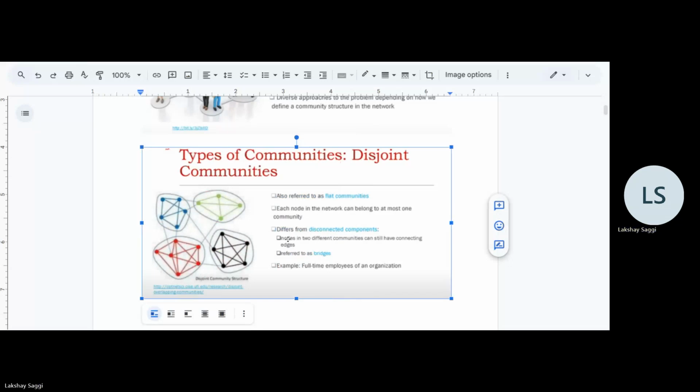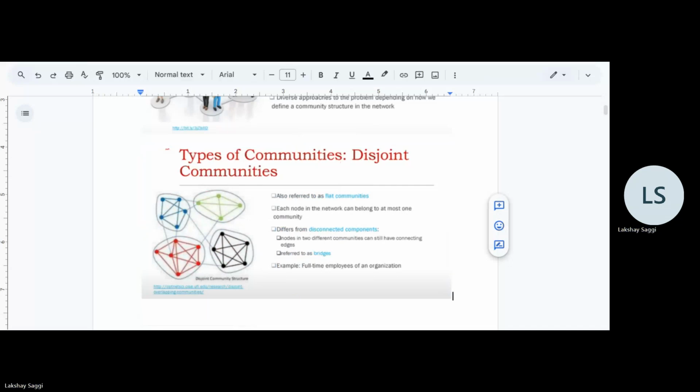And these inter-community edges are also called bridges in this scenario. Although we have discussed the definitions of bridges in different contexts previously, using betweenness and stuff like that, in the context of communities, these inter-community edges are referred to as bridges.